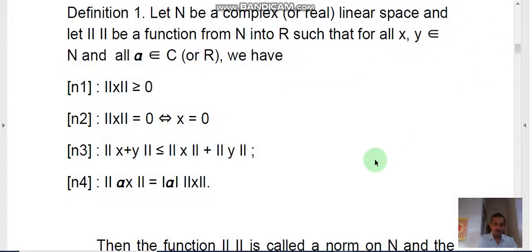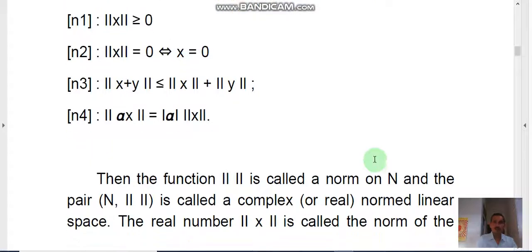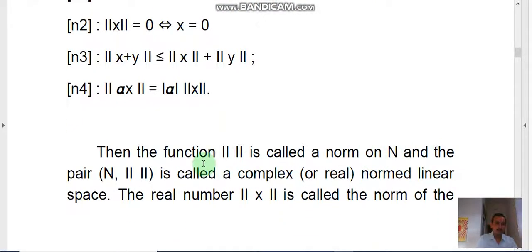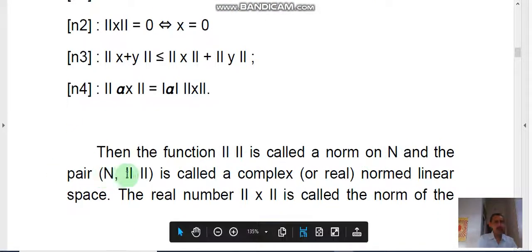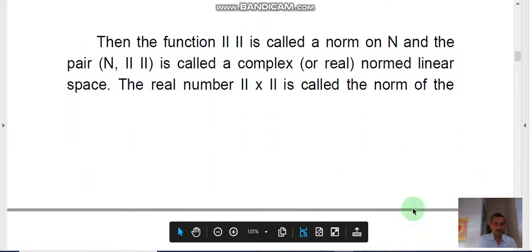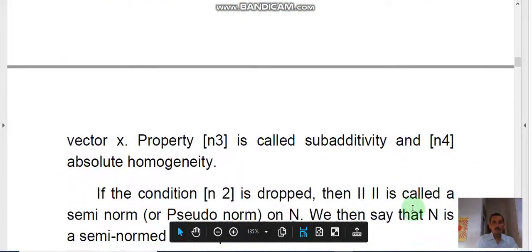So this function is called a norm on N, and this pair N and norm is called a complex or real normed linear space. The real number norm x is called the norm of x.